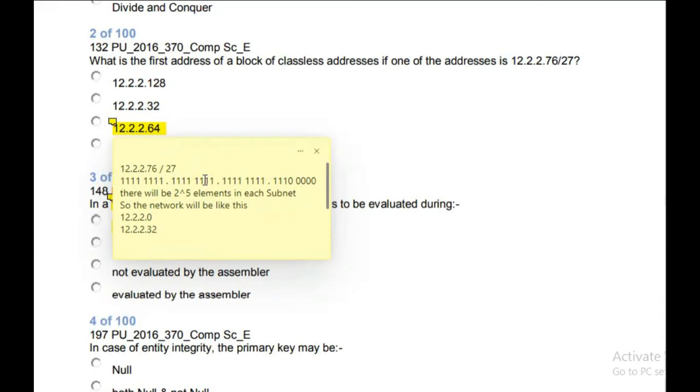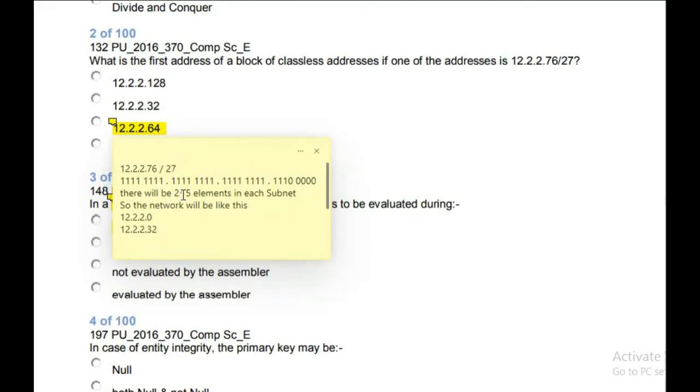If we are using two octets, then it is /16. If we are using three octets, then we say /24, but here it is /27. So the first three octets are completely used for representing the network, and the remaining three bits from the last octet are also used for the network.